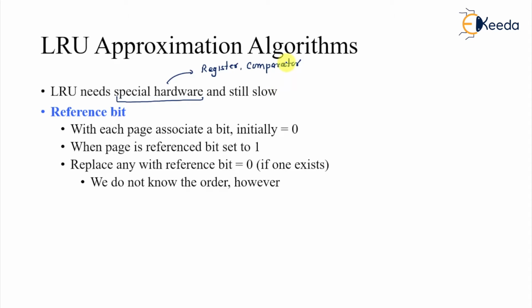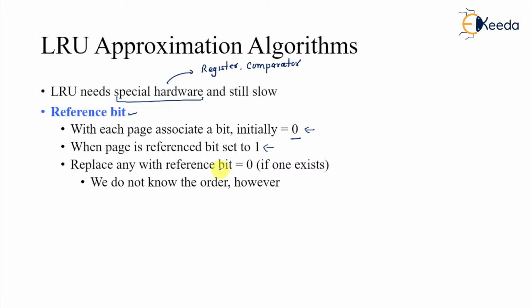One of the concepts to implement LRU approximation is by using a reference bit. It is not true LRU but LRU approximation. With each page we associate a bit, initially 0, and when the page is referenced the bit is set to 1.